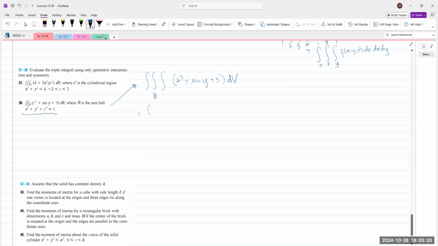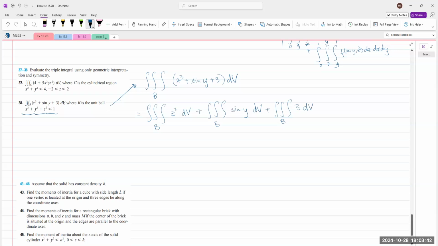Okay, let me break it up first. This is the triple integral over B of x cubed dV, plus the triple integral over B of sine y dV, plus the triple integral over solid B of 3 dV.